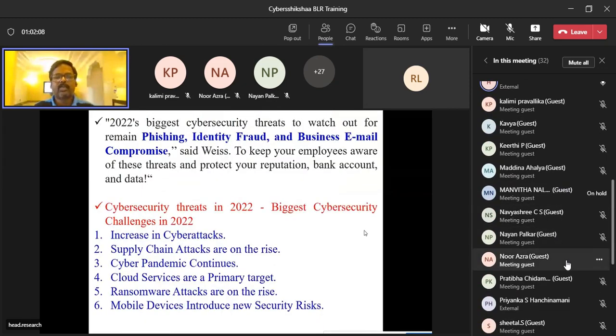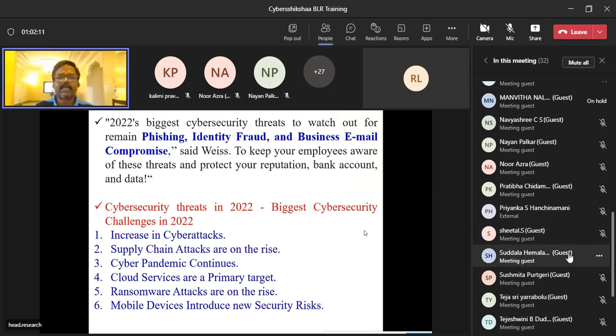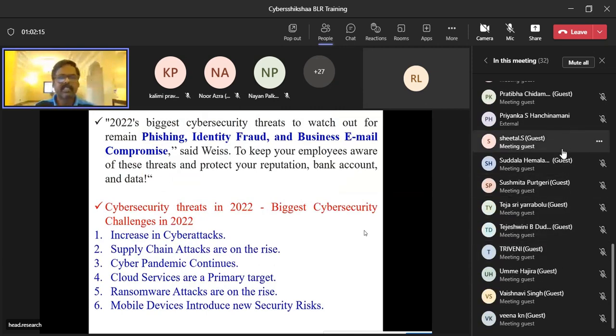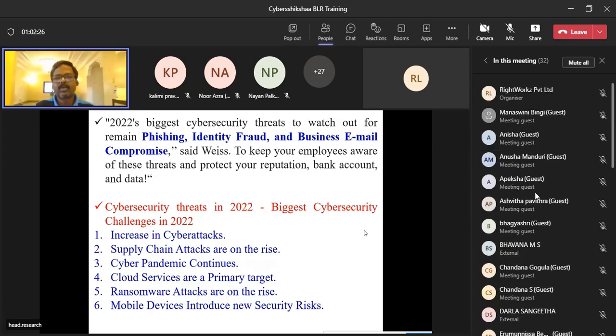Then the 2022 biggest cyber security threats to watch out for remain phishing, identity fraud, business email compromise. These 2022 cyber security threats are set to keep your employees aware of these threats and protect the reputation of the organization, industry, bank account and data.